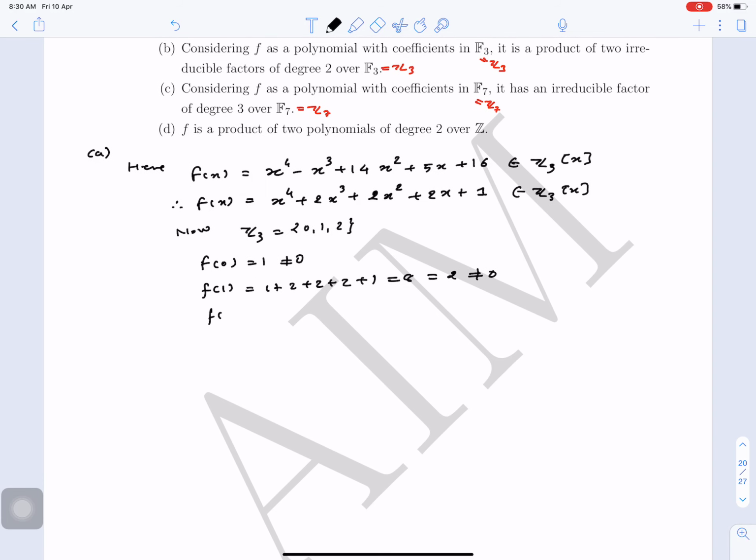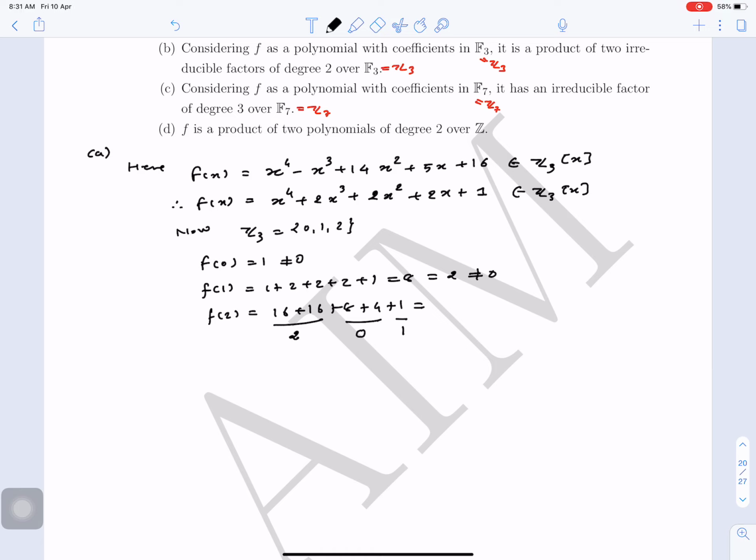And f(2) is 16 plus 16 plus 8 plus 4 plus 1. 16 plus 16, that is 32, in Z3 is 2. 8 plus 4 is 12, which is 0, and 1 is 1.